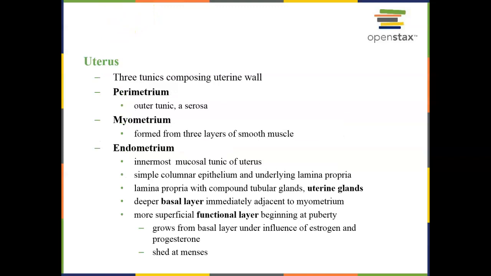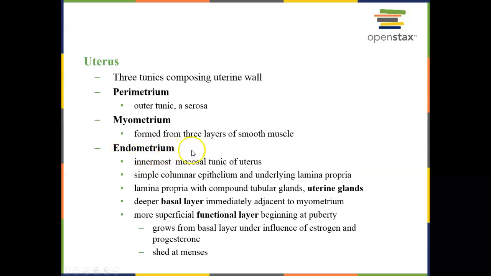The uterus has 3 linings. The outer serosa is known as the perimetrium. Then we have the inner muscular layer. It's smooth muscle. This is the myometrium. And then I said inner, I should have said middle muscular layer. And then the innermost layer is the endometrium.